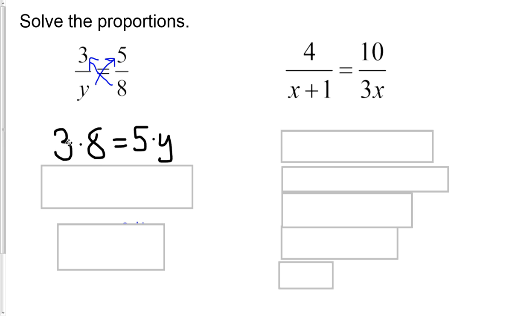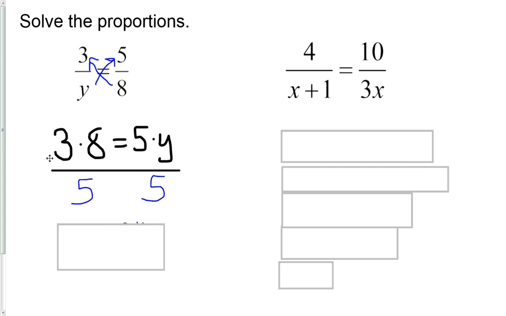So I get 3 times 8 equals 5 times y, and in order to solve, I need to divide by 5. So that's why the common phrase is cross multiply, then divide, or cross multiply and divide. So now we divide by 5 on each side, and 3 times 8 divided by 5 gives us 24 over 5.